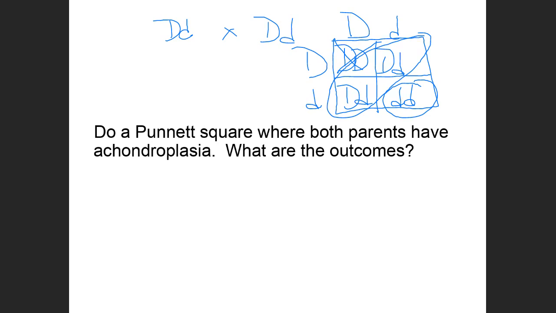So technically, 25% of the offspring die, 50% are dwarf, and 25% are normal height. But in reality, these 25% here, they die. And so that means that 2/3 of the children will be dwarf and 1/3 will be normal height because this condition does not survive to be born.